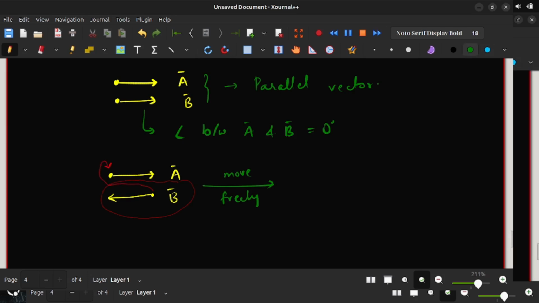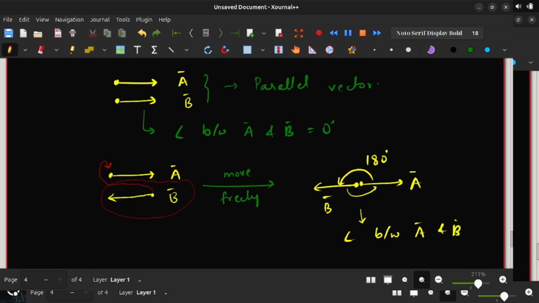This is B vector, this is A vector. What is the angle between them? If I take this angle or this angle, it does not matter. The angle is 180 degrees, equal on both sides. So the angle between A vector and B vector is actually 180 degrees.